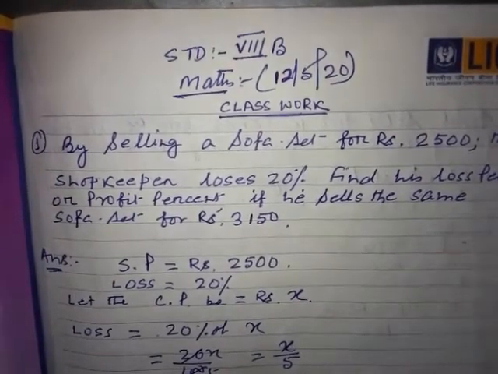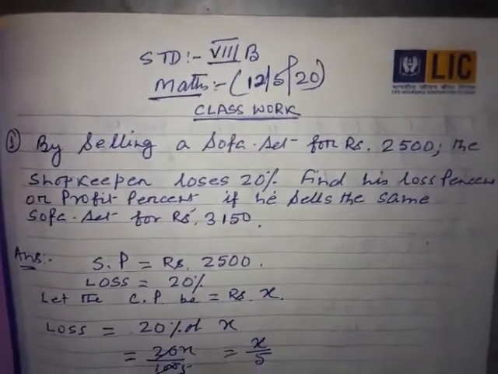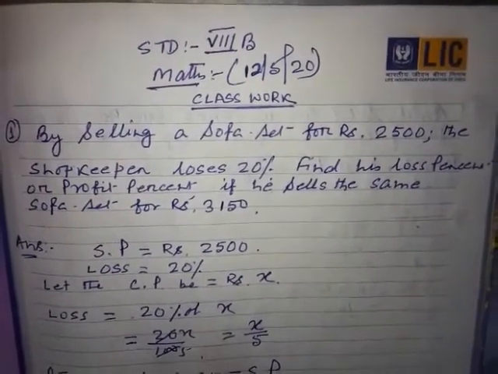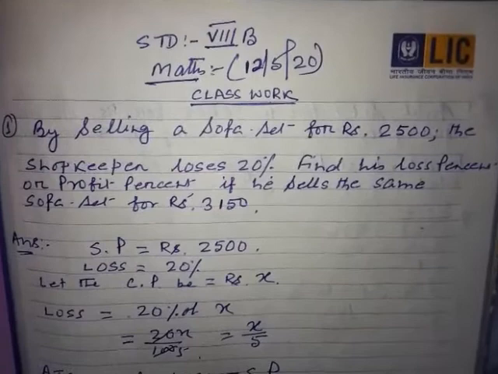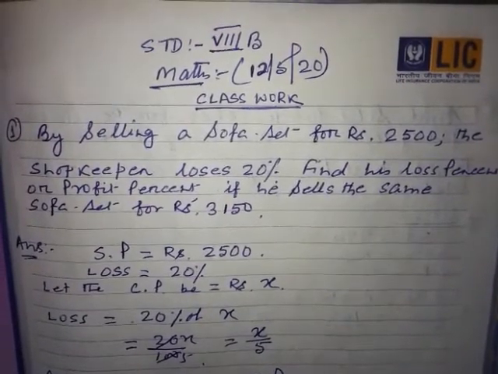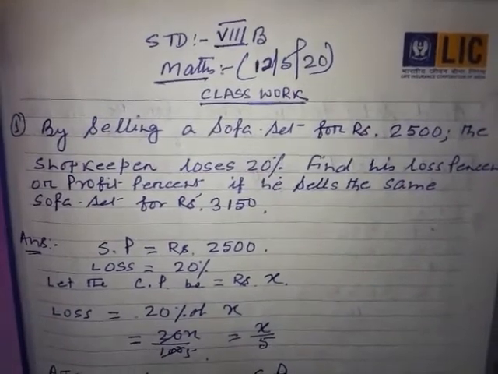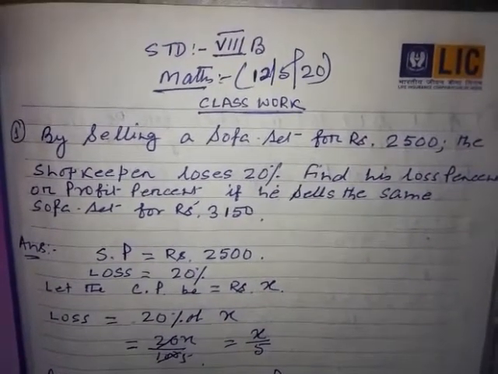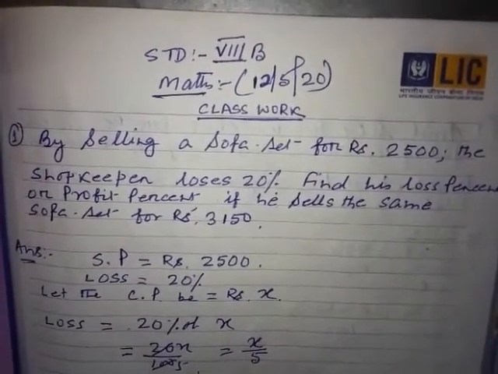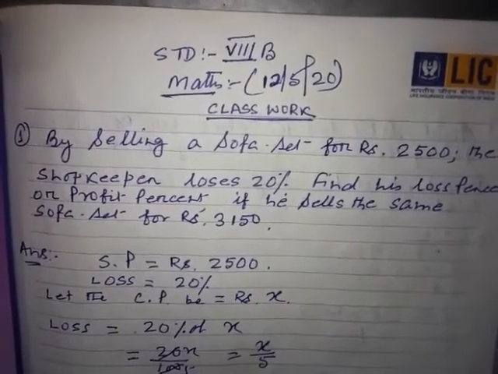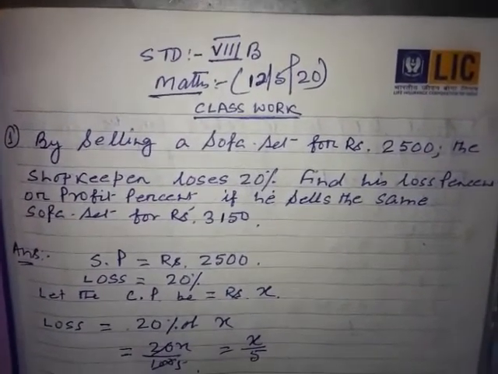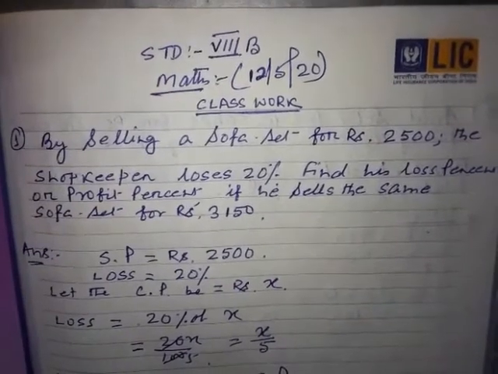Whenever overheads are there, the profit and loss are calculated on the total cost price. And what is total cost price? Total cost price means the actual cost of the product plus the overhead expenses. Those two together are called total cost.